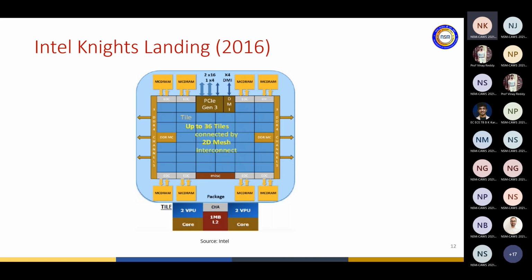You can look up the paper by Intel for the details. But the primary point here is that you have multiple cores spread across the chip and the node, and there's also distributed memory. Although it's still a shared address space platform, it's a single memory to the operating system.